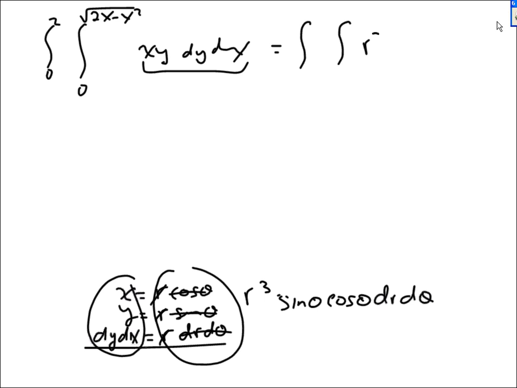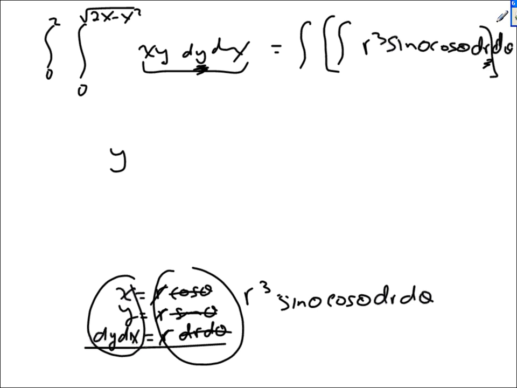So you get r cubed sine theta cosine theta dr d theta. Now, dr means first I have to put down the r limits, so maybe that was a bit premature to talk about them.